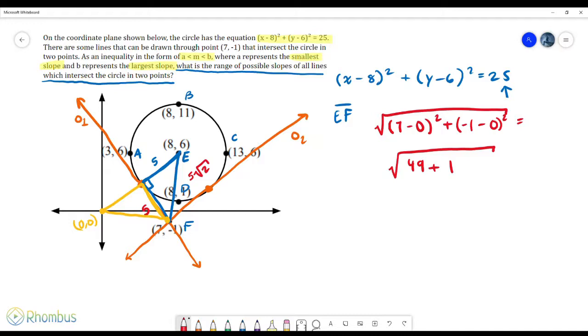And if we do that, we get the square root of 50 again, which is also equal to 5 square root 2. So for this hypotenuse, it's also 5 square root 2. And we know that the leg is 5, therefore this is a congruent triangle to the blue one we made earlier, making the second leg 5.